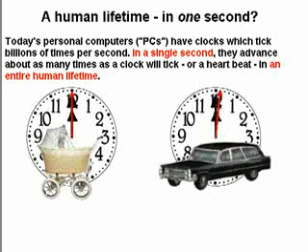A human lifetime in 1 second? Today's personal computers, or PCs, have clocks which will tick billions of times per second. In a single second, they advance about as many times as a clock will tick, or a heartbeat, in an entire human lifetime.